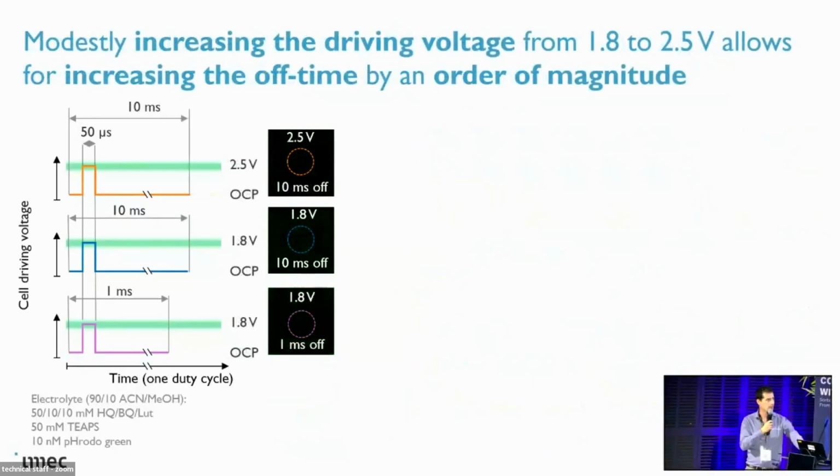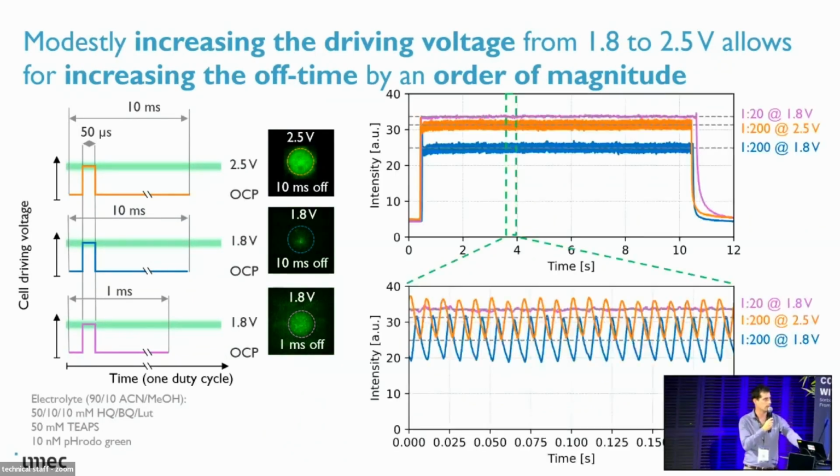Now, like I said, we can also play with the voltage. In this case, we keep the on times the same, 10 milliseconds, and the off times the same, except we change the voltage. You can see that while for 1.8 volts we barely got a decent signal, for 2.5 volts this is actually static, with the same kind of intensity as you would see with a DC signal.